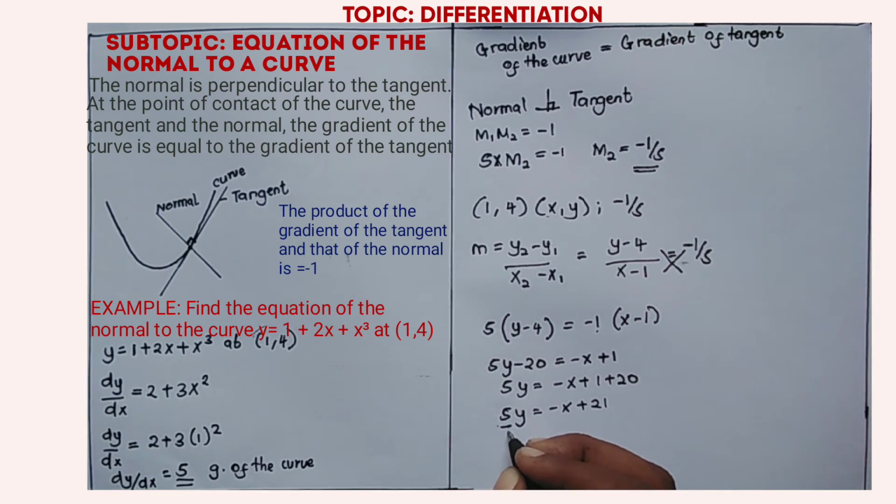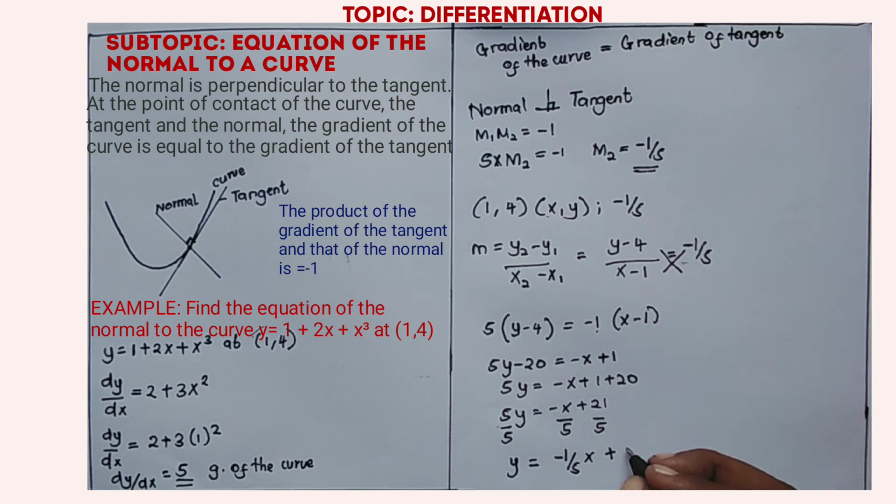I divide by 5 on both sides, and I get y equals -1 over 5 x plus 21 over 5, which in mixed fractions is 4 1 over 5. That is the equation of the normal to the curve.